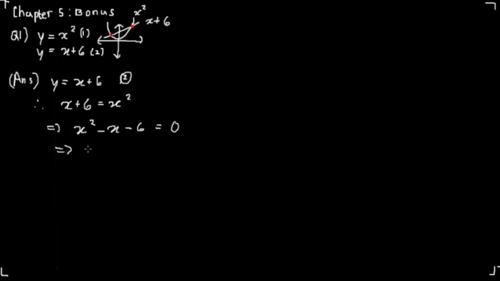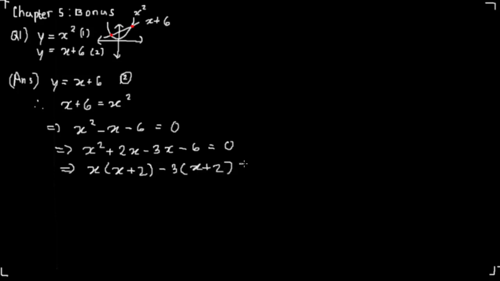So x squared, minus or plus 2x, right now I'm factorizing, so minus 3x minus 6 is equal to 0. Then from the factorization you can conclude this answer: x plus 2 times x minus 3 is equal to 0.